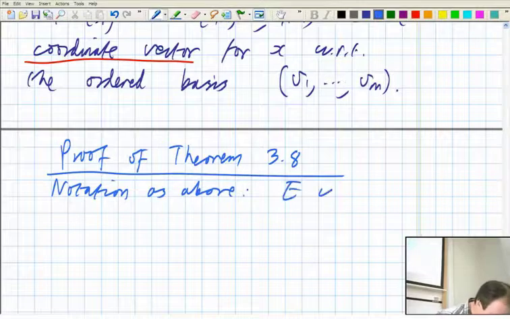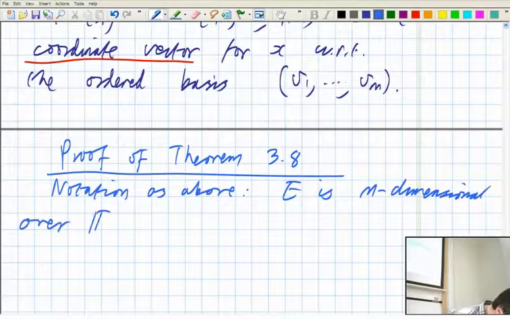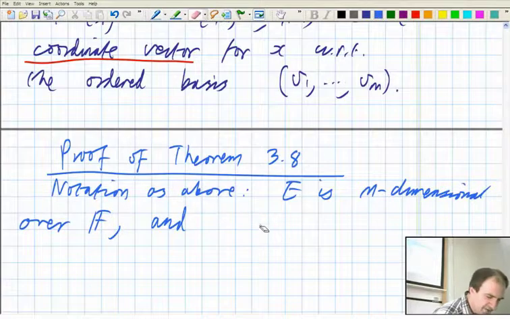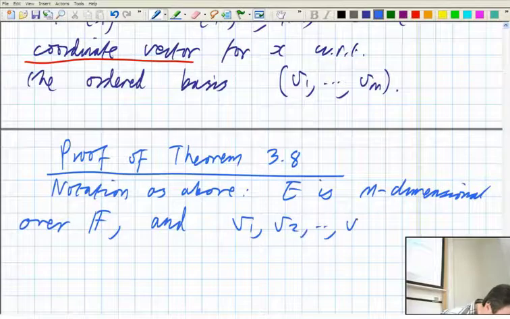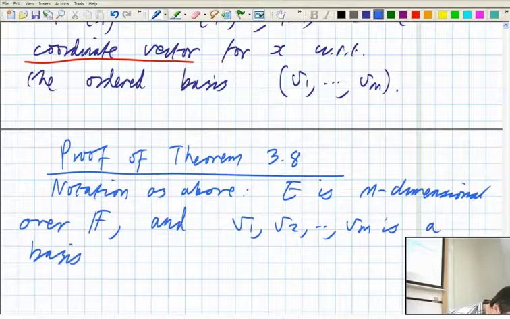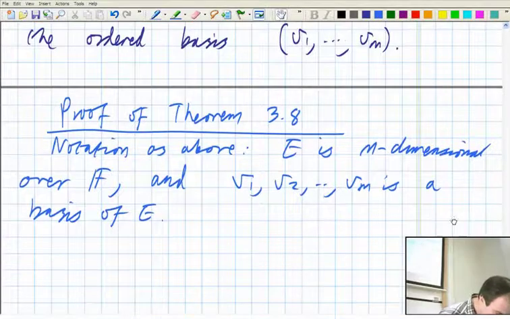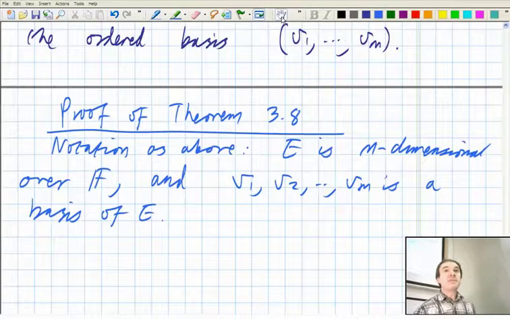So E is m-dimensional over F, and V1, V2 up to Vm is a basis of E, and this basis will be fixed for the rest of the proof.